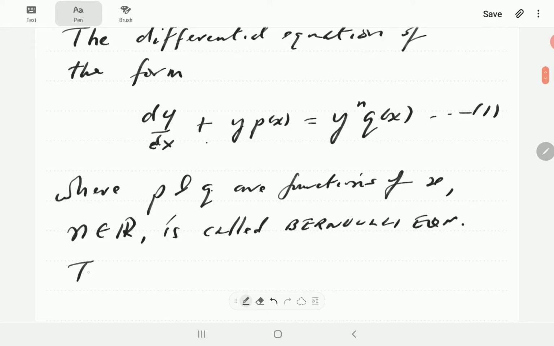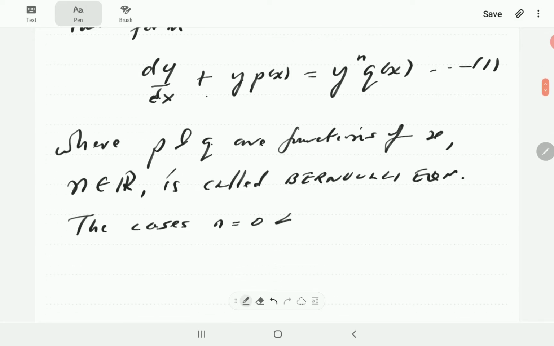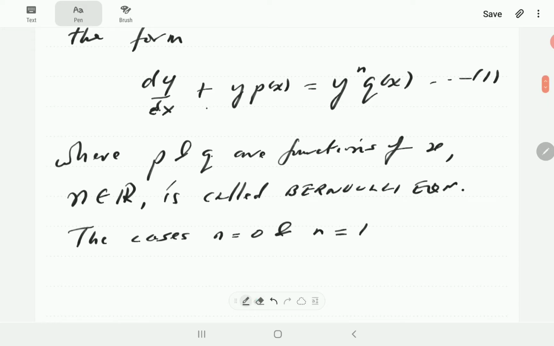The cases where n is 0, so if n is 0 here, this side is just q, or when n is 1, so this time n is 1 here, then this is going to be like term to that, so we can just combine them to give one term.